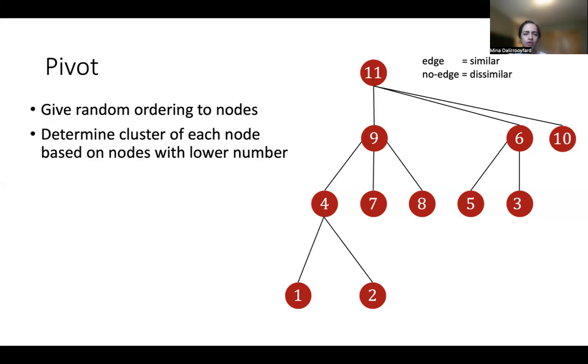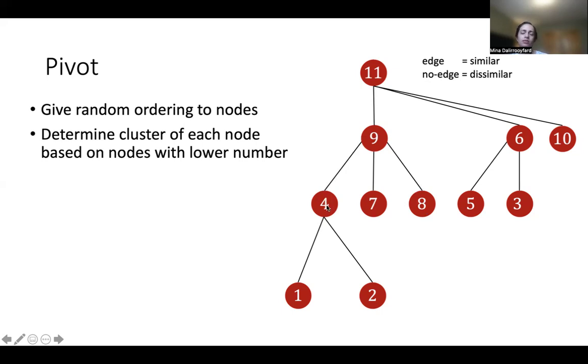It first gives a random ordering to the nodes, and then the cluster of each node is determined by the cluster of its neighbors that have a lower number than it. So for example, here the clustering of 9 is determined by the clustering of 4, 7, and 8. These are its neighbors that have a lower ordering number than 9.